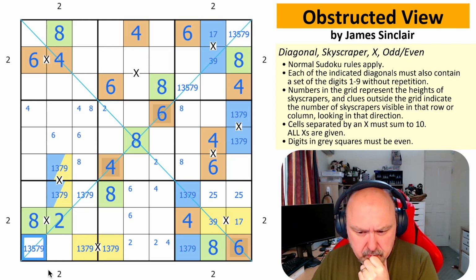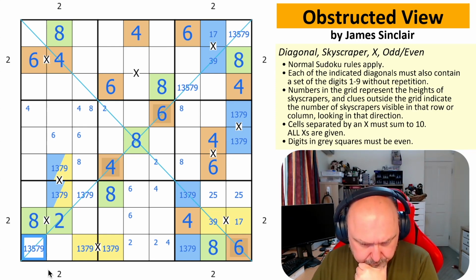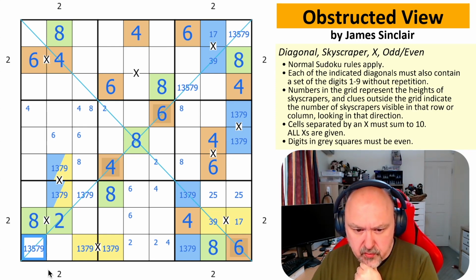Can that be blue? It can't be yellow. So it's blue or 5. The trick is knowing where to look.